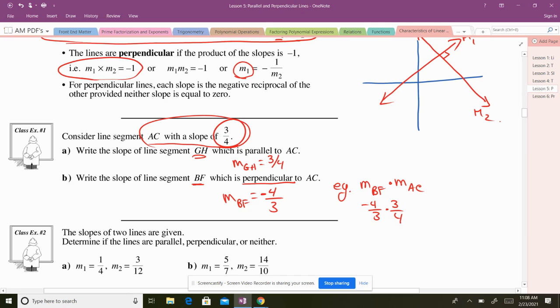What happens to the 3's? They will cancel. What happens to the 4's? They will cancel. What am I left with? -1. When you multiply two slopes together, and they equal -1, you know the lines are perpendicular. Okay? If they don't equal -1, it's neither.